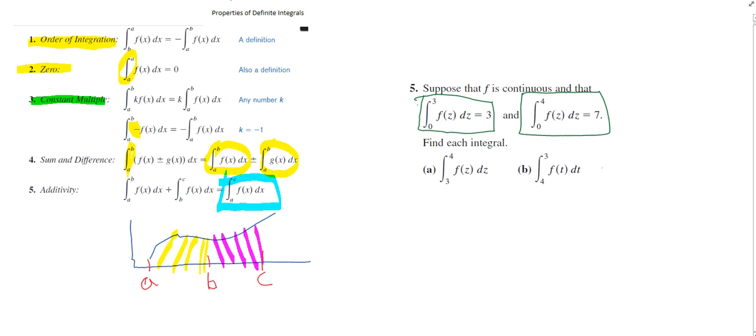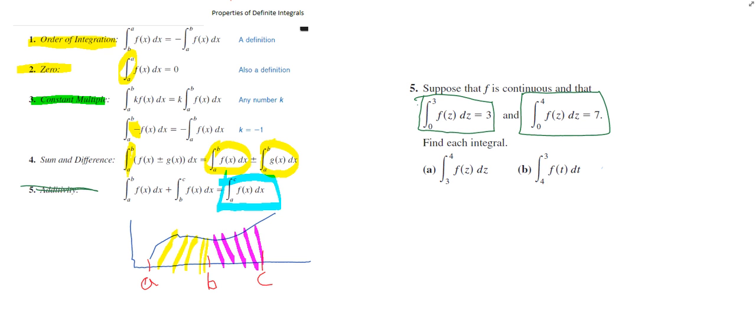So if we look at the additive property, it says that the entire length would be from where? From 0 to 4.